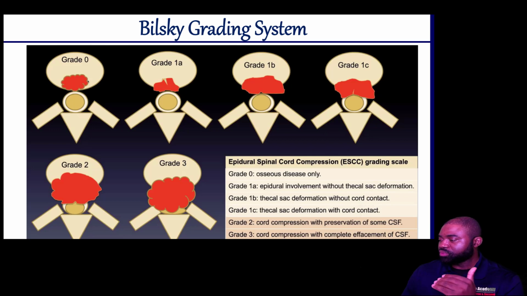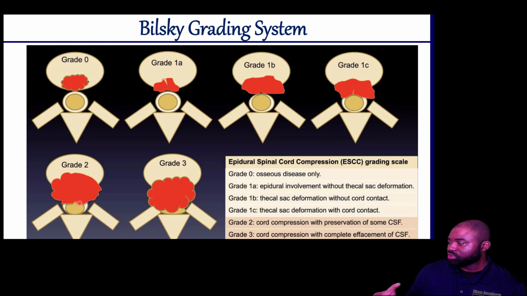Now, the distinguishing difference between grade 2 and grade 3 is that in grade 2, there is cord compression with preservation of some cerebrospinal fluid, so there is still some cerebrospinal fluid visible around the cord.